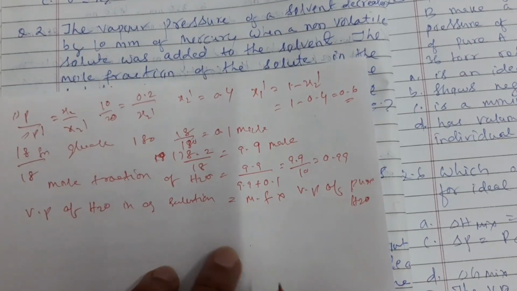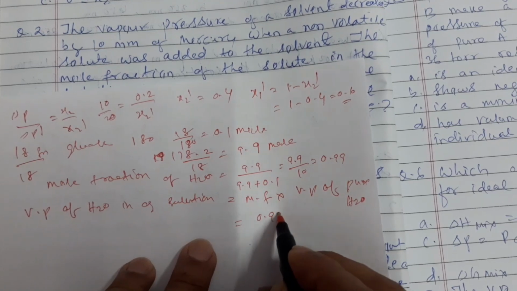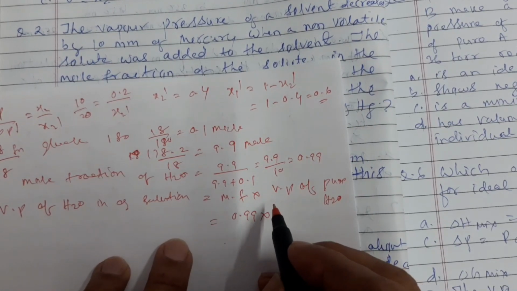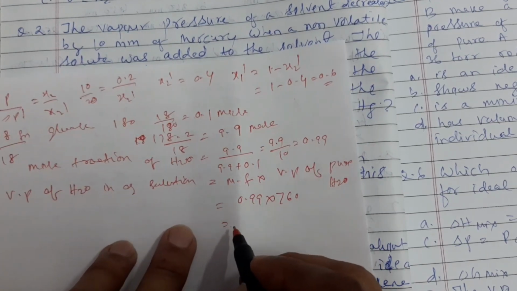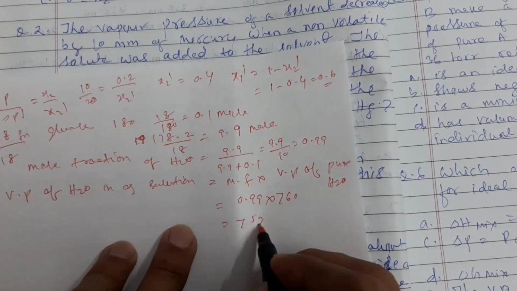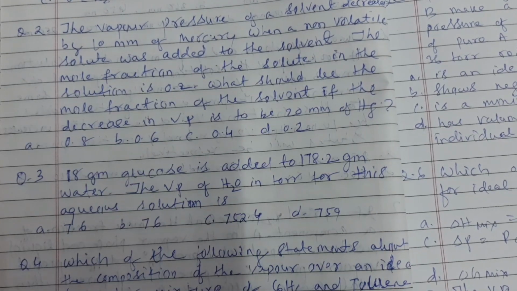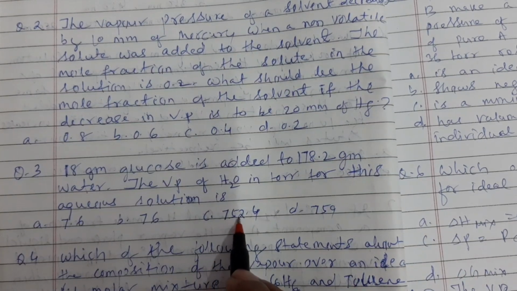So you get the mole fraction of water 0.99 multiplied by the vapor pressure of pure water, 760. So you will get 752.4 torr. So choice C is the correct answer.